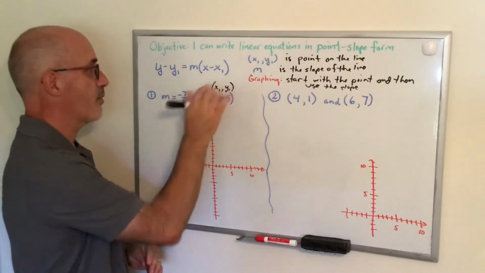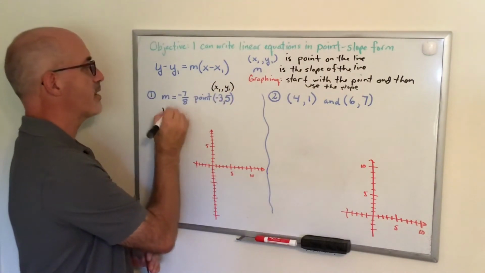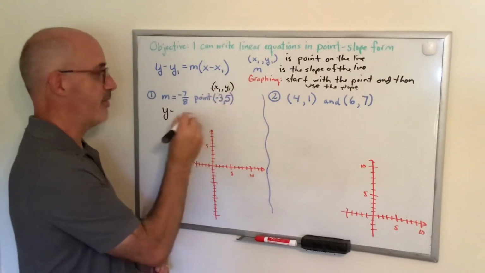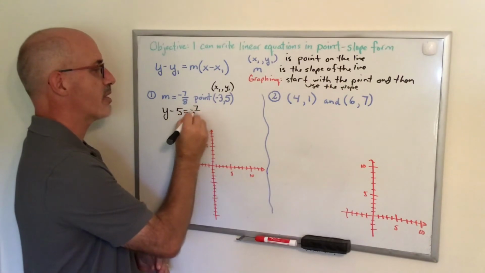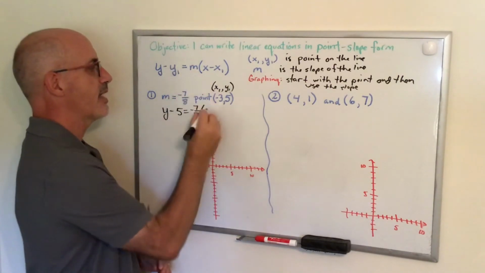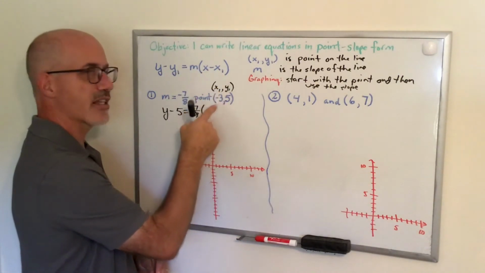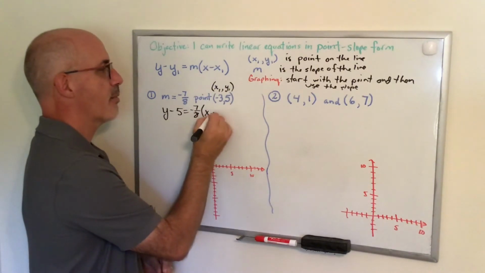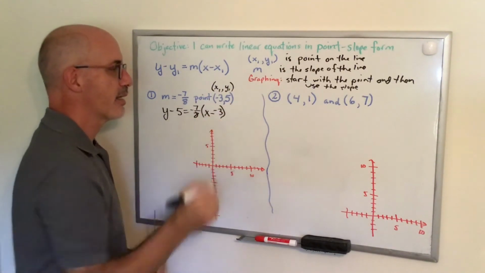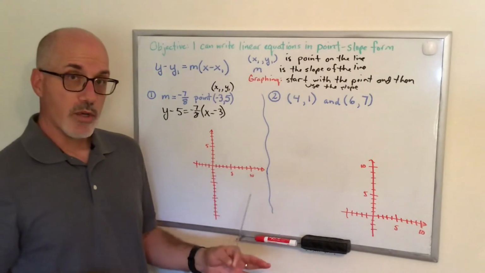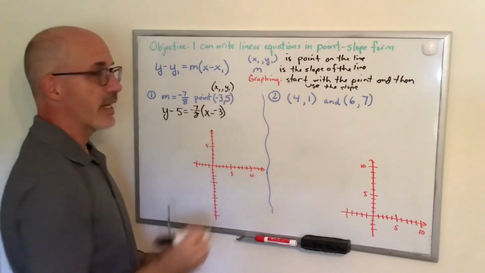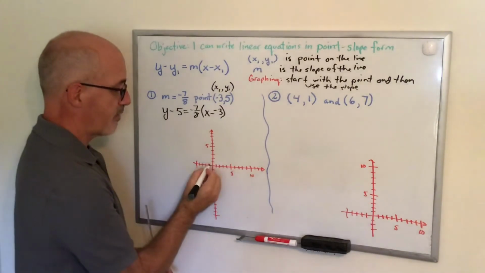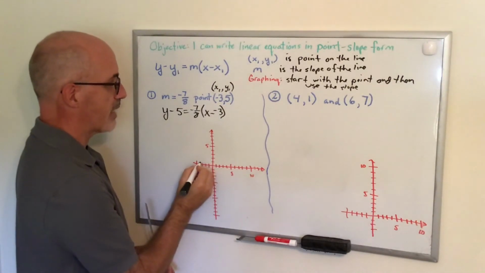So I'm going to just follow this. My y sub 1 is that 5, so y minus 5 equals my slope, which is negative 7/8, times x minus the x value given to you, x minus negative 3. Now, when we're graphing this, notice that what we can do is just start at that point. So we're going to start at negative 3, and up 1, 2, 3, to 5.